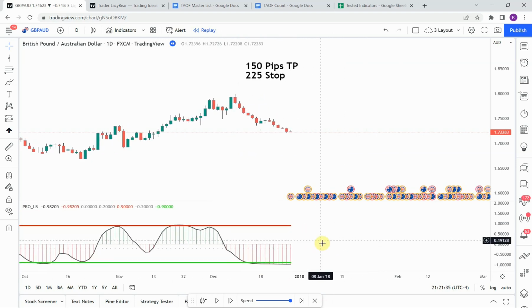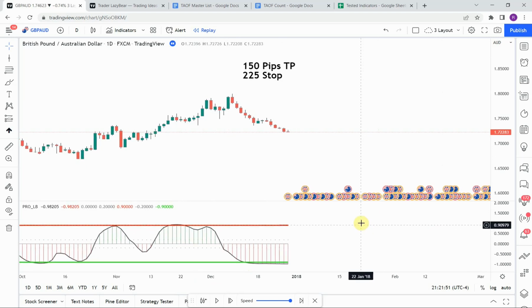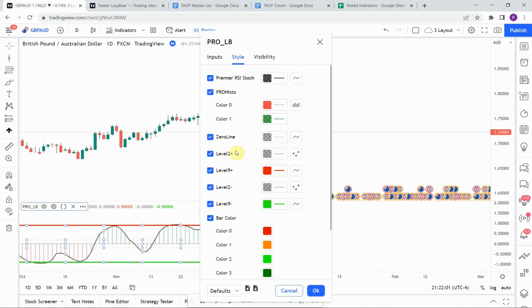And so normally what we would look for is the RSI to go above or below and then cross back down below or back above that line, that overbought or oversold line. In this particular case, we're going to wait just a tad bit longer, and we're going to wait for it to actually cross these dotted areas here.